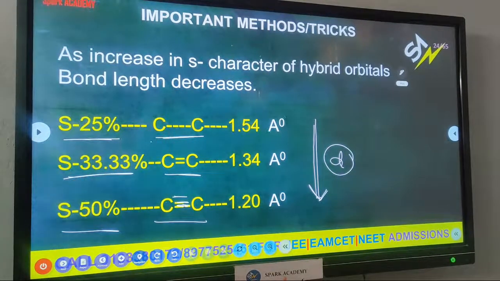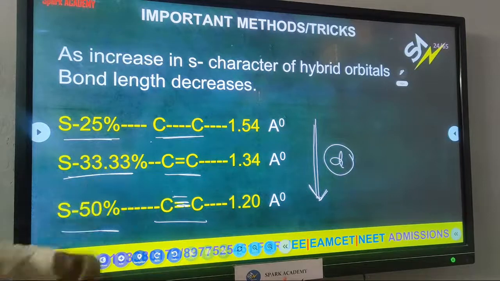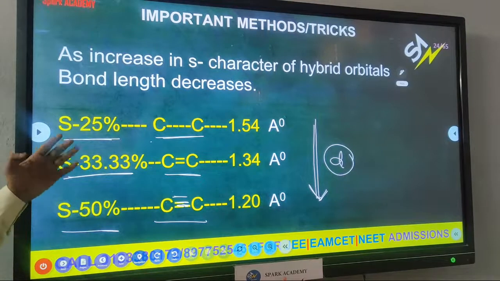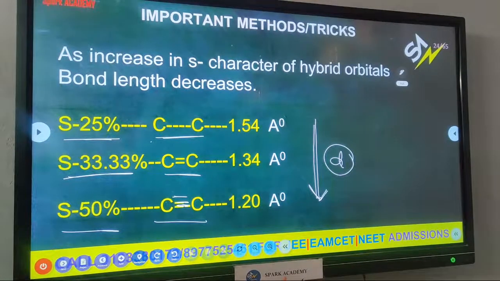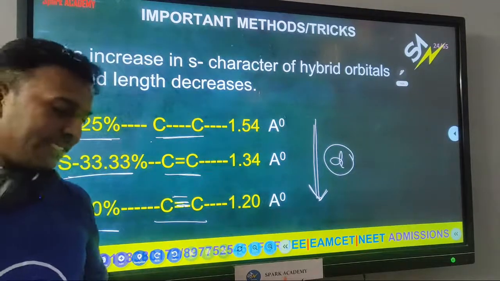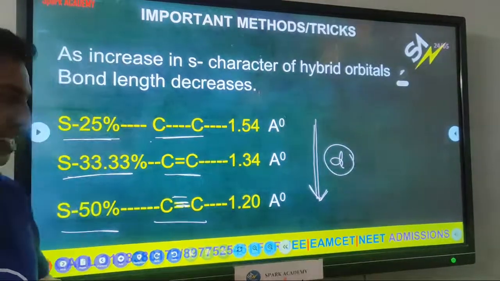What about the carbon-carbon single bond? Bond length is more because here s character is 25%. So it is a very important application. As the s character of hybrid orbitals increases, the bond length decreases.